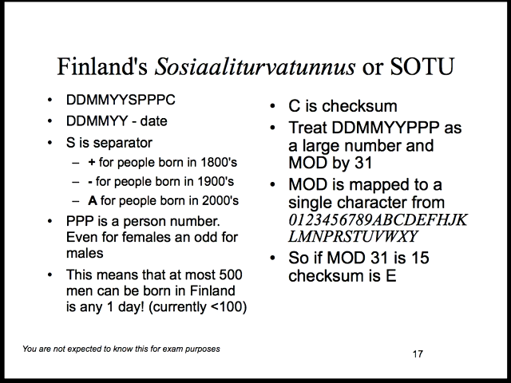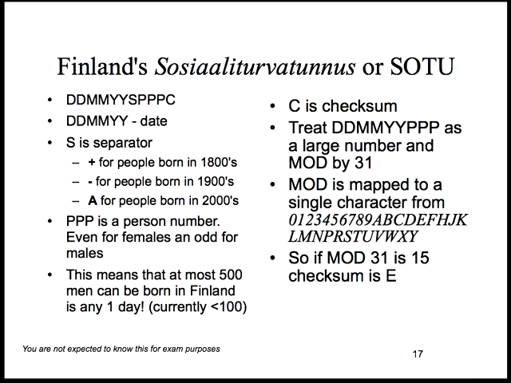So the next character is a separator. It's a plus for people born in the 1800s, a minus for people born in the 1900s, and an A for people born in this century. So I guess this system goes back a while, if they had to worry about people born in the 1800s, or else Finnish people live long, healthy lives.